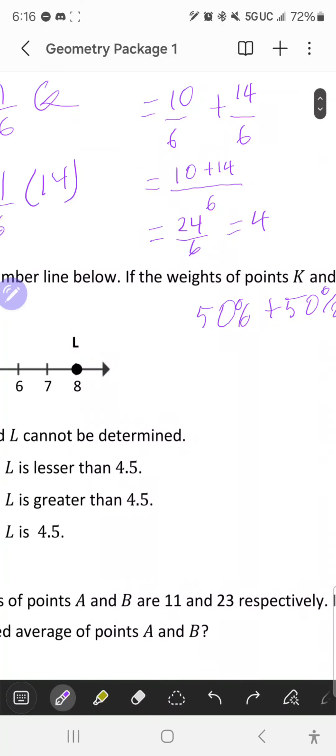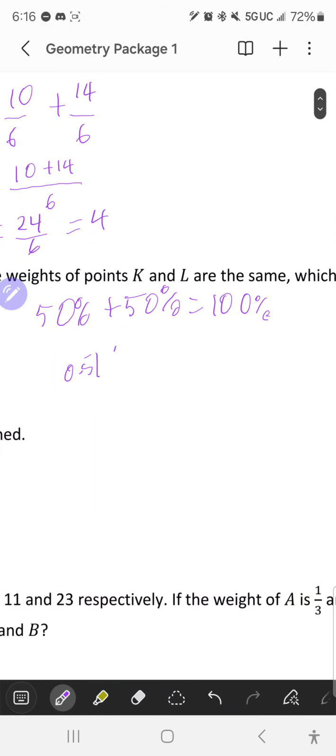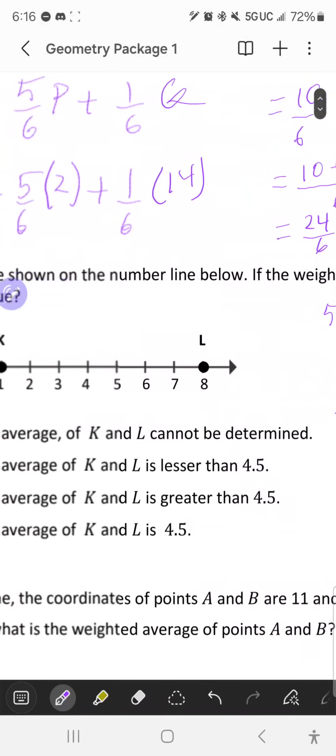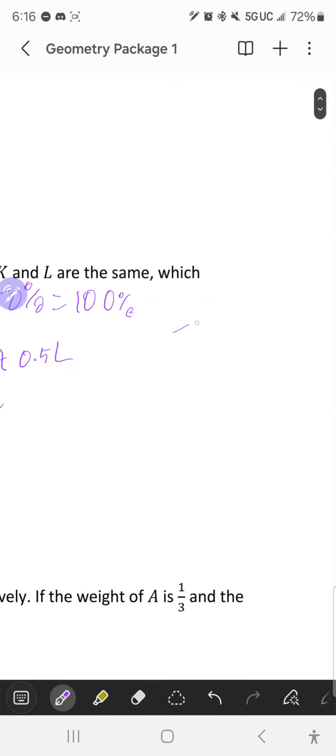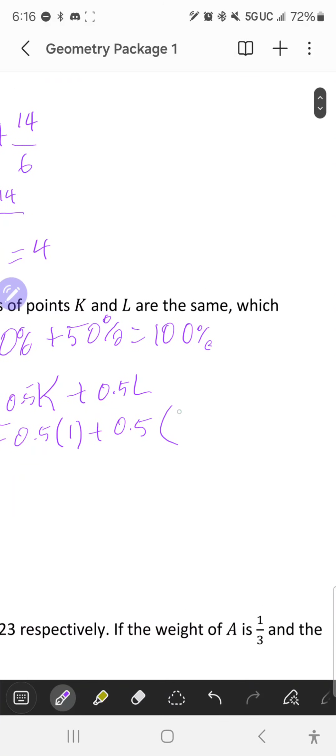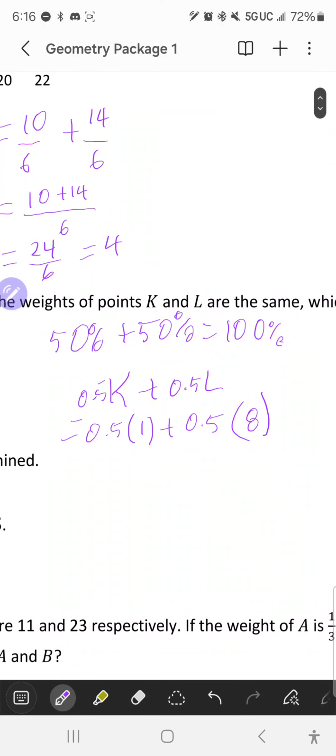So we can say that 0.5, which is the same as 50%, K plus 0.5L is going to be equal to the weighted average. I'm not gonna write it, just keeping that in mind. So we can substitute our values and we have 0.5 K, which is 1, plus 0.5 L, which is 8, is going to be our average.